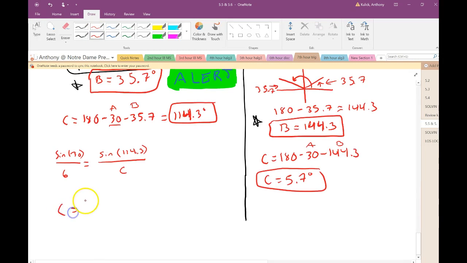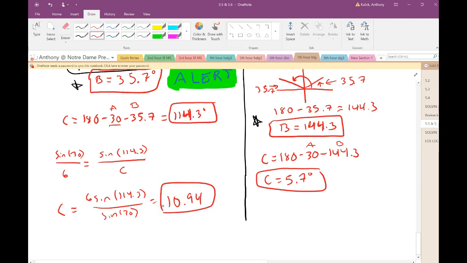When I solve this one, I get 6 sine 114.3 over sine 30, which comes out to be 10.94. And then I'll leave you to solve the other one doing the exact same thing.